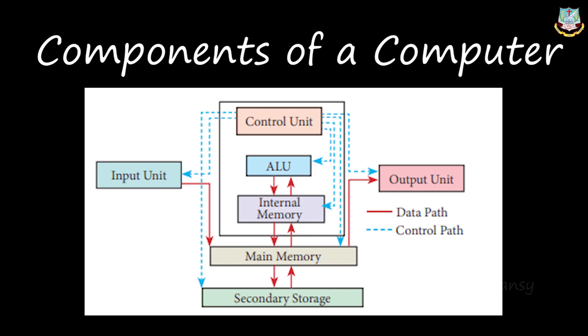The next one is the central processing unit. Central processing unit, that is CPU, is a major component which interprets and executes software instructions. That means the CPU is the main thing which will take the set of instructions and process it. It will control all the operations of the input unit, output unit, and memory unit also.